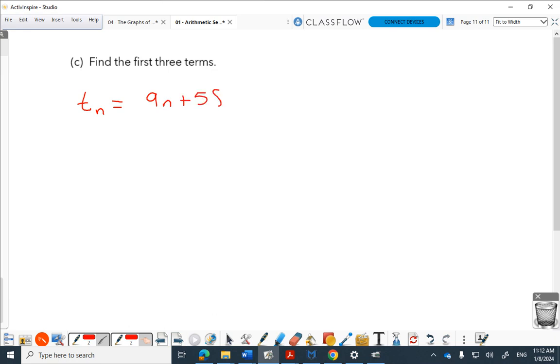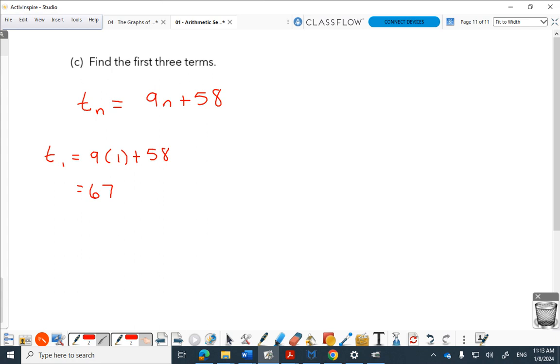Going to loop back and do the easy part of this lesson. So to get term 1, I go 9 times 1 plus 58, which is 67. We are not surprised by the answer. We already knew that. A was 67. Term 1 is 67. The formula works.